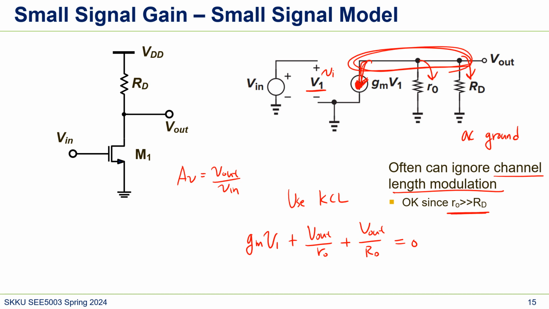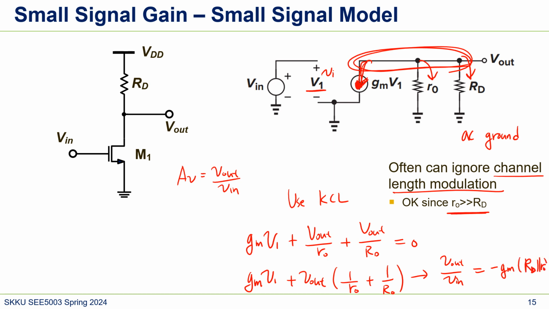So if we just calculate it, gm v1 plus Vout times 1 over ro plus RD equals 0. And if we calculate it, since v1 is Vin, Vout over Vin is minus gm times RD parallel ro.